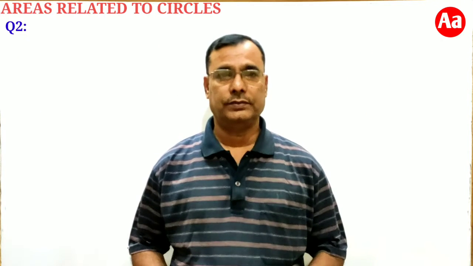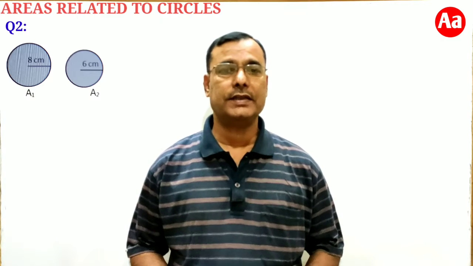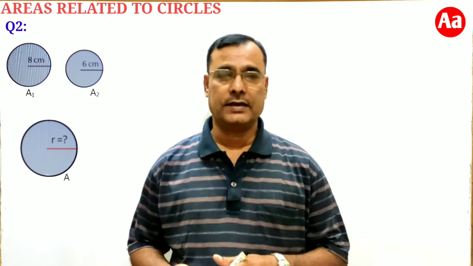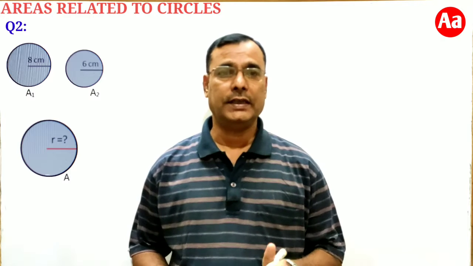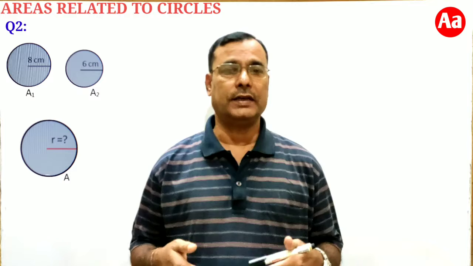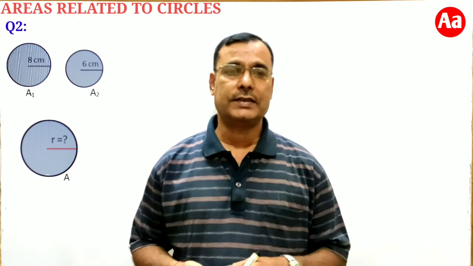Question number 2. The radii of two circles are 8 centimeter and 6 centimeter respectively. Find the radius of the circle having area equal to sum of the areas of the two circles. So in this question also we are given two circles of radii 8 centimeter and 6 centimeter.